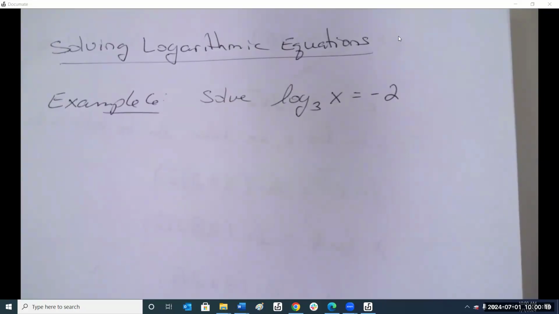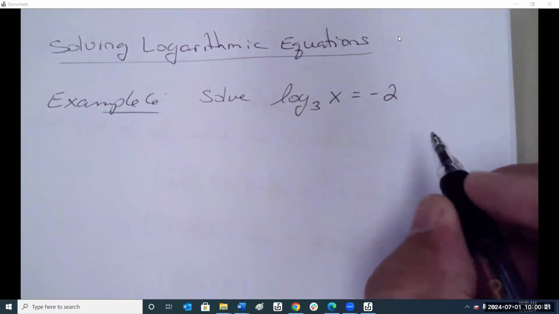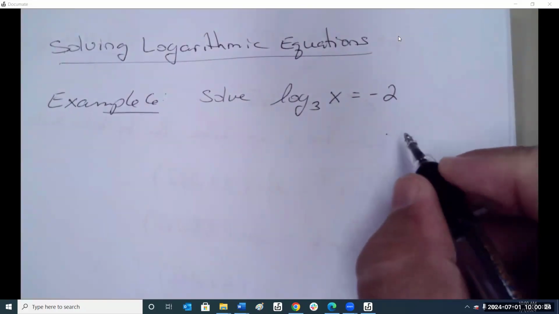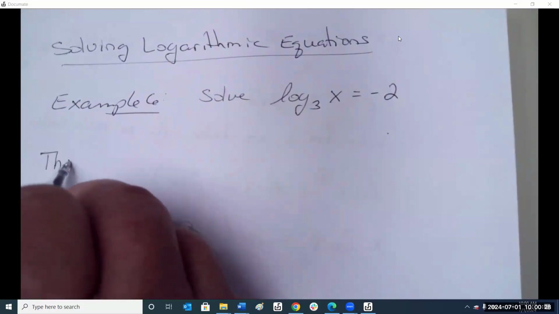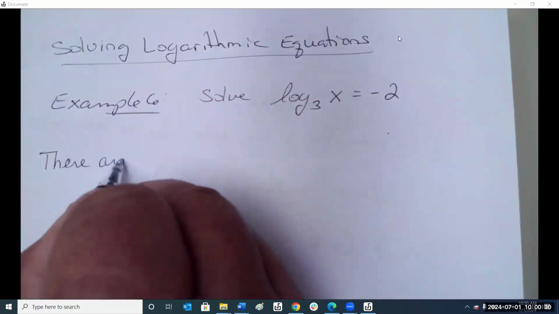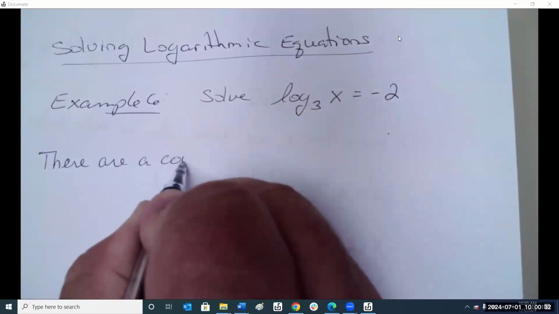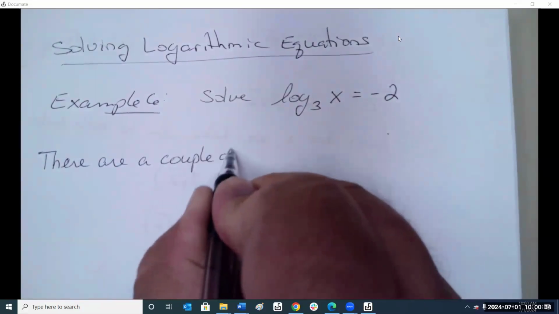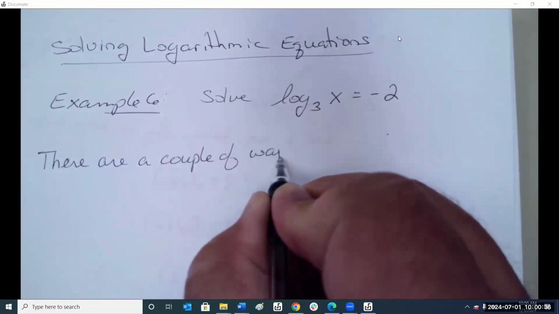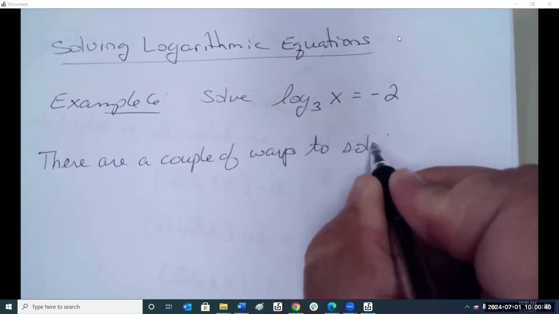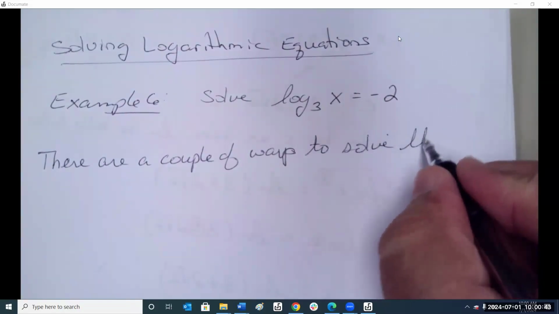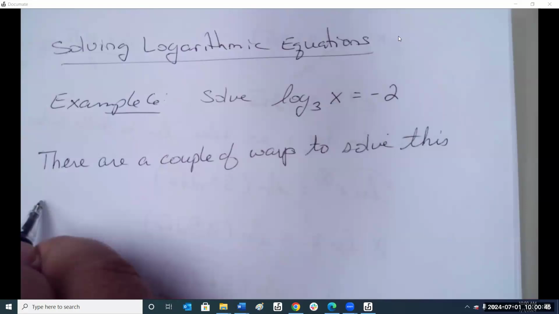There are a couple of ways we can solve this equation.